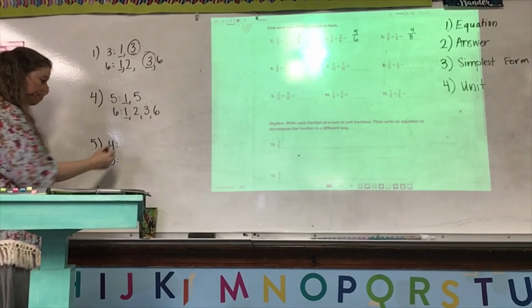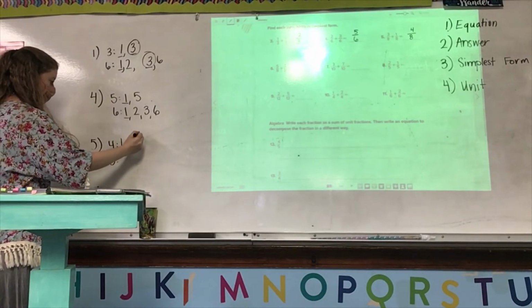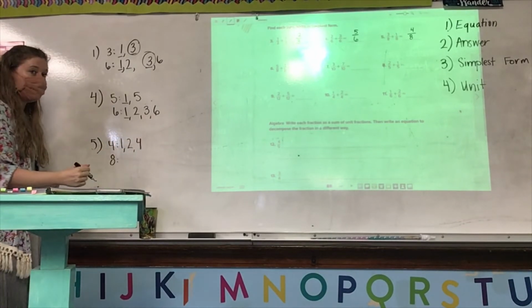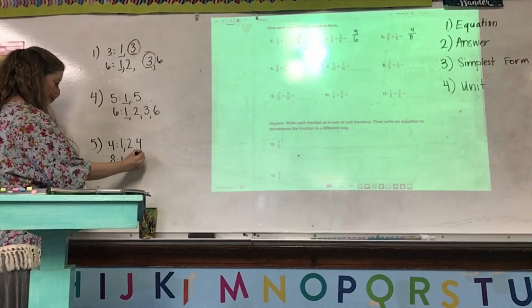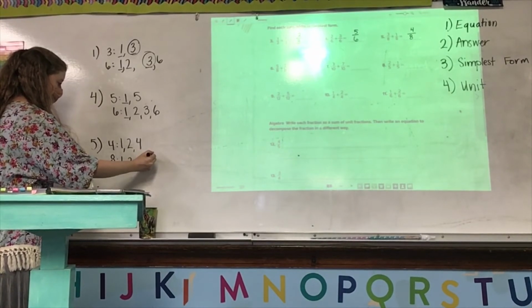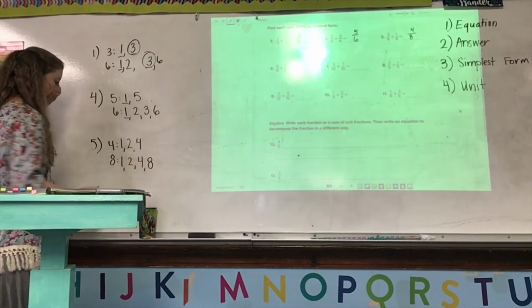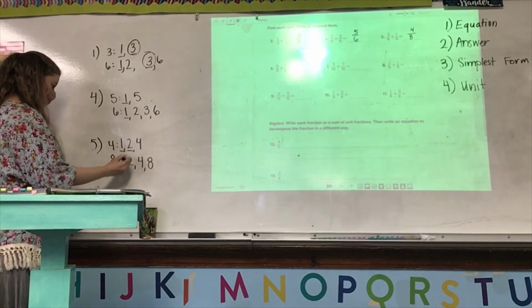Factors of 4: 1, 2, and 4. Factors of 8: 1, 2, 4, and 8. Common factors: 1, 2, and 4.